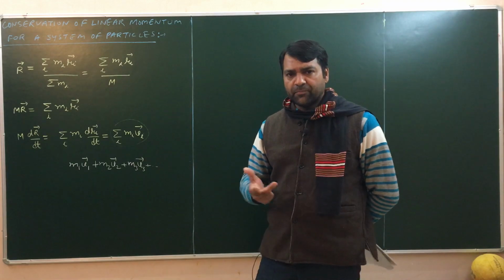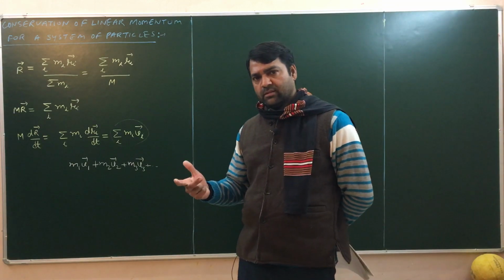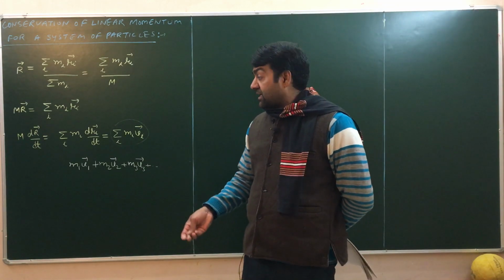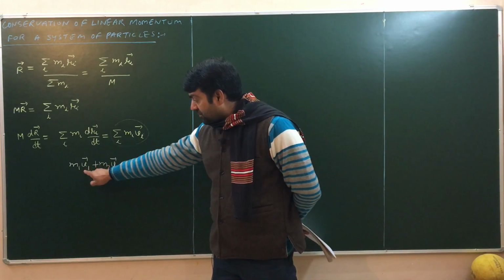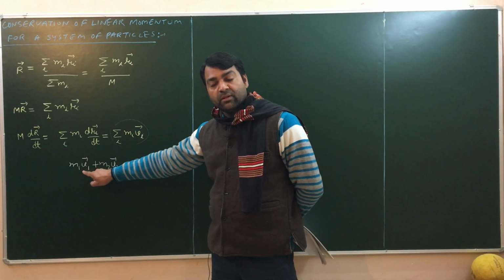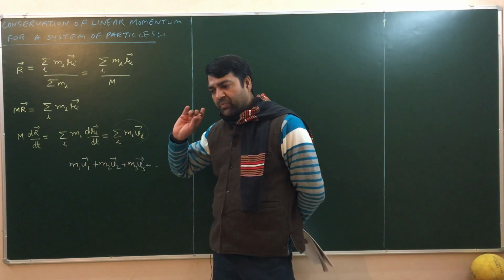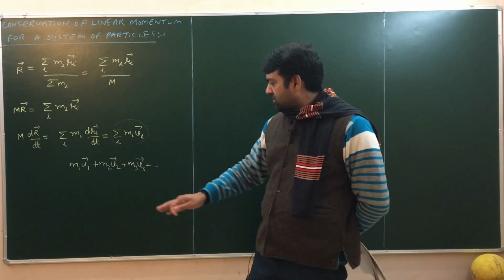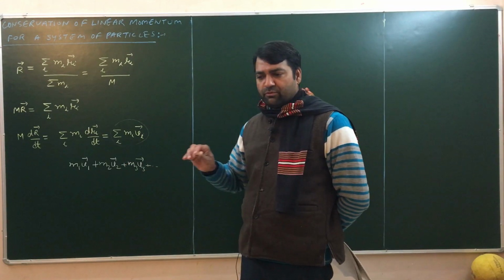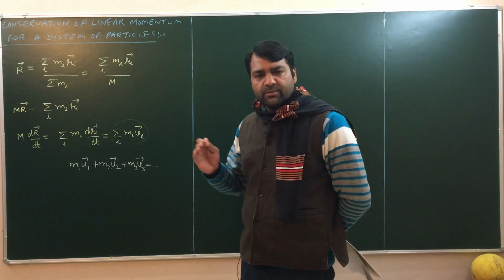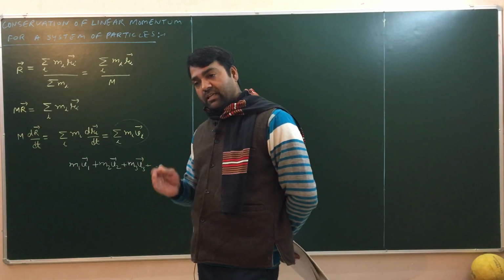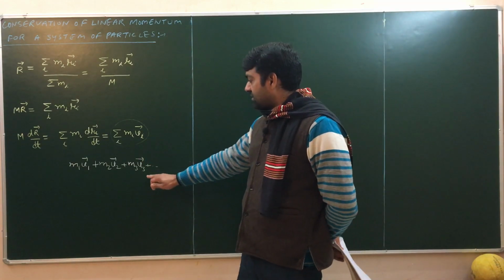It will take some time to add 6 vectors at a given time, and these vectors may be functions of time, because the internal forces can change the velocity of an individual particle. Internal forces cannot change the velocity of the center of mass, but they can change the velocity of the individual particle.